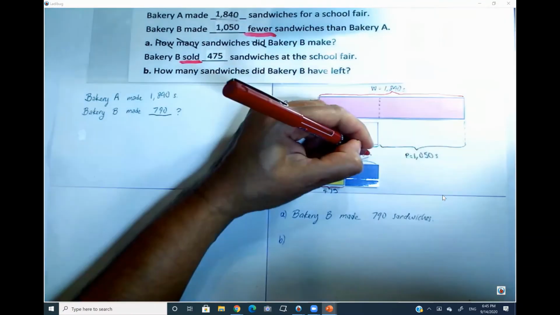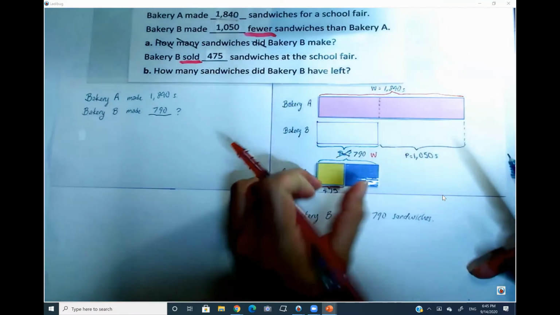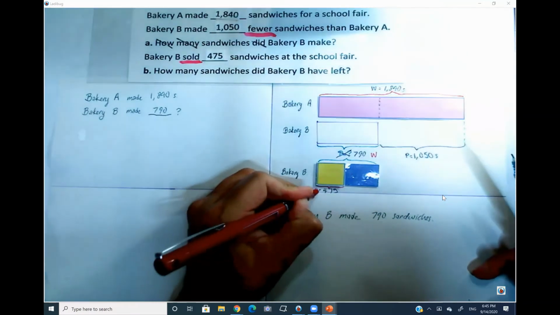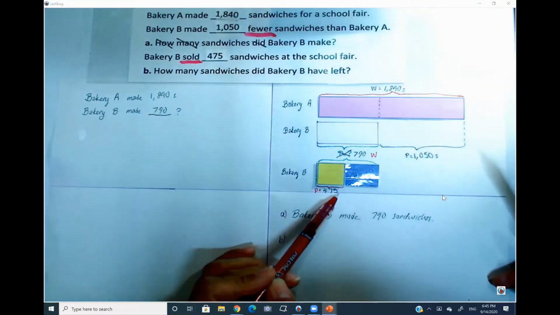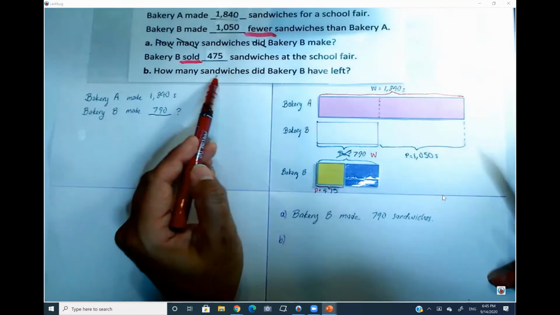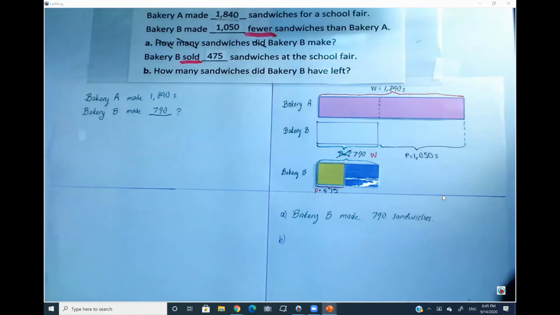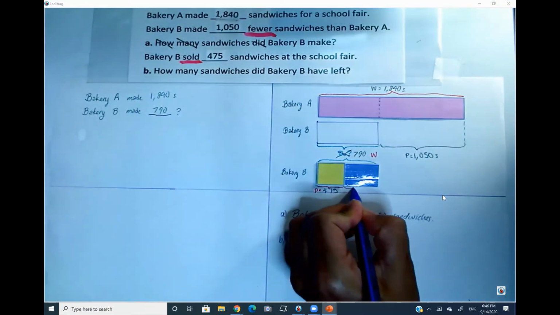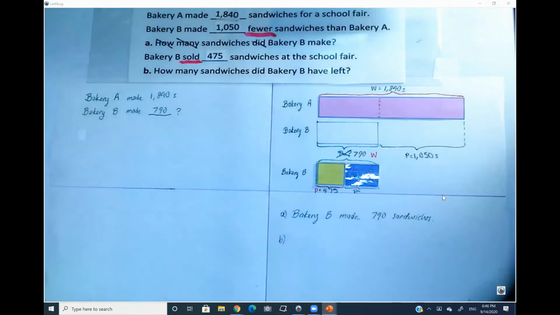So 790 is going to become the whole. And this little yellow part is going to represent a part. So now they're telling us that they sold these 475 sandwiches. And then the question says, how many sandwiches did Bakery B have left? So the sandwiches that are left are going to be this part here. And this is the part that now we don't know. And if we don't know it, we need to find it.